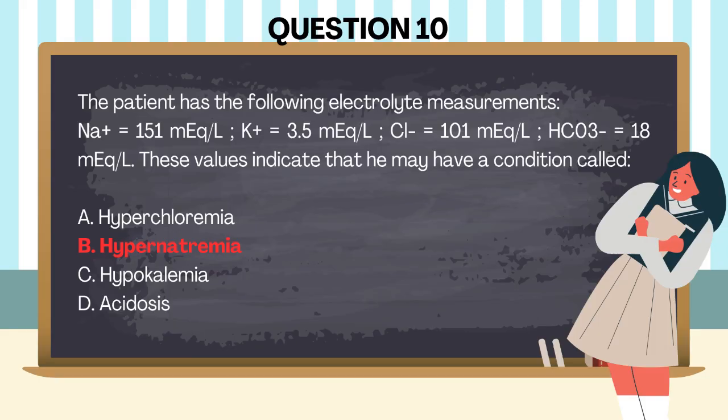While C, hypokalemia, the potassium on this patient is also within normal range, so we could also eliminate that. While D, though bicarbonate is lower than normal range, acidosis is indicated by pH and not bicarbonate.